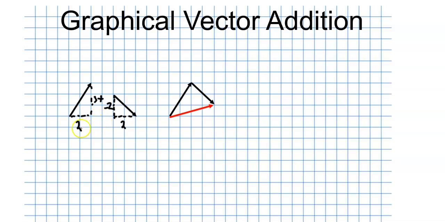So if we sum the x components, we get 4, and if we sum the y components, 3 plus negative 2, then we get 1 here. Okay, and so same result whether you add the components or add the vectors head to tail.